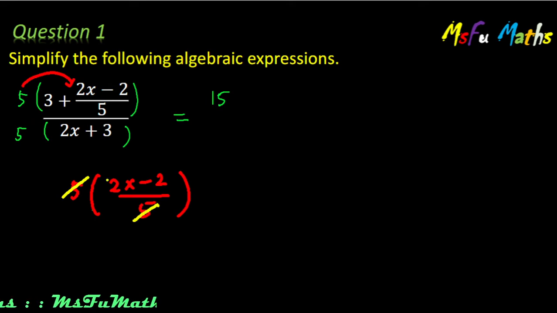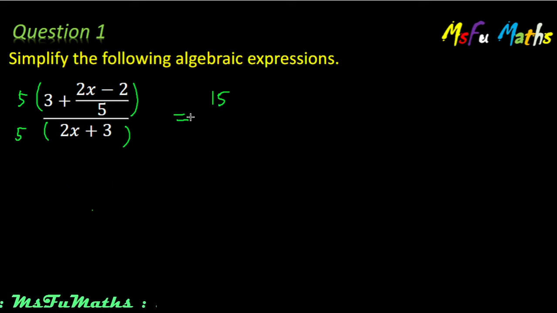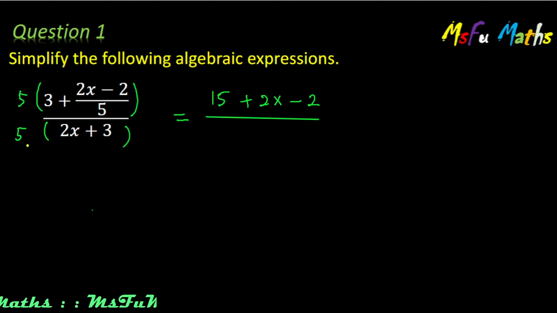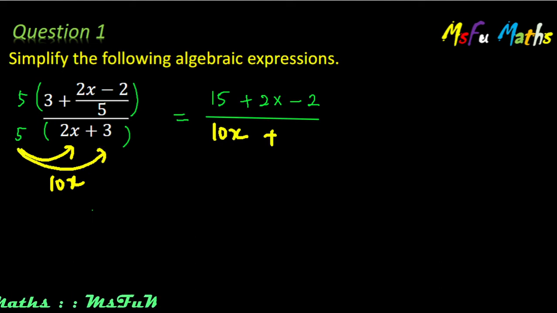You see, there's no more fractions. Once you cancel off, the remaining is 2x minus 2. So we write plus 2x minus 2 over the denominator: 5 times 2x is 10x, and 5 times 3 is 15.